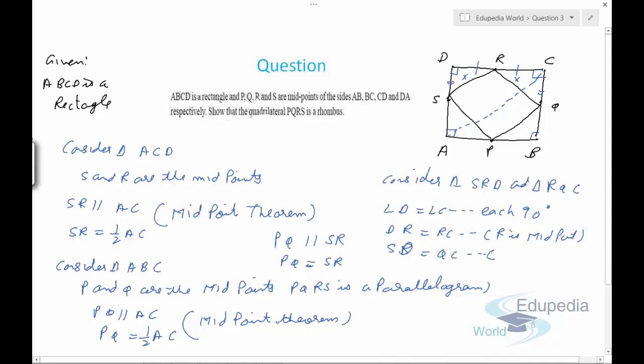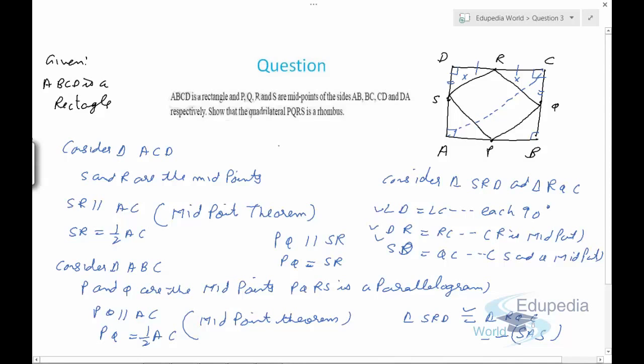Again, S and Q are the midpoints. So we have two sides equal and the included angle equal. So triangle SRD is congruent to triangle RQC by SAS.